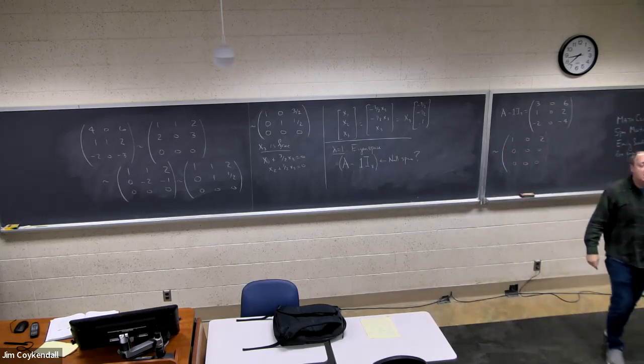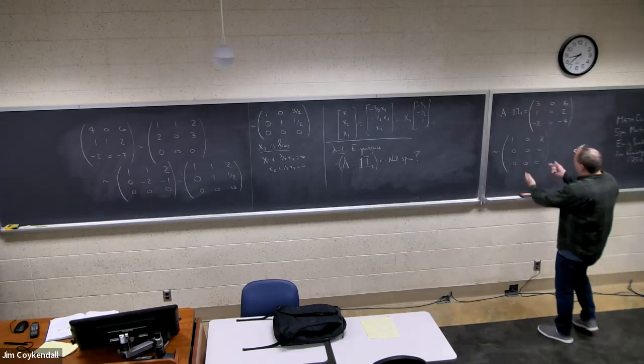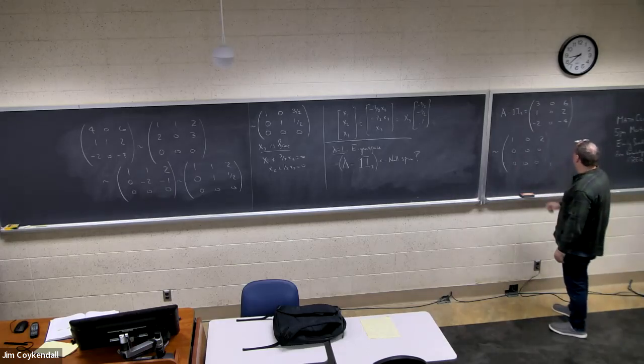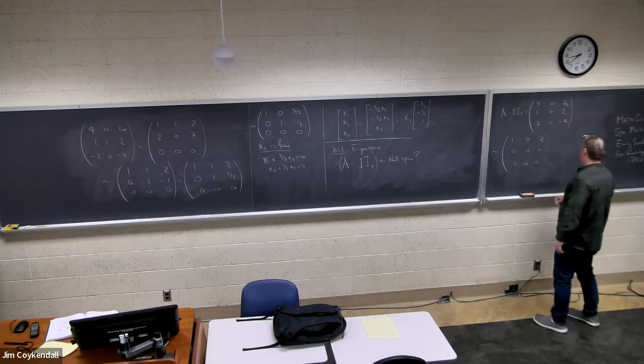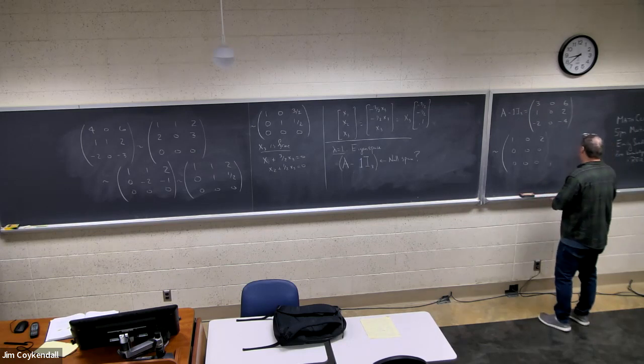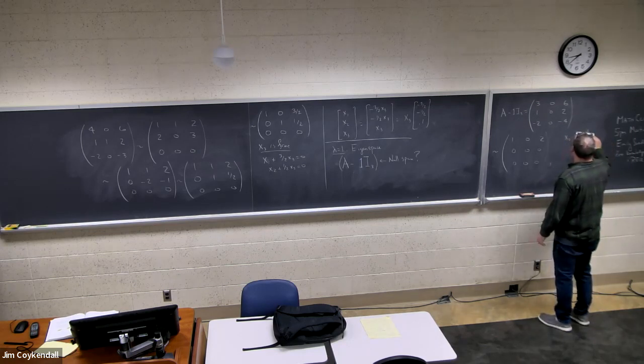Okay, now how many free variables do you have? Now we've got 2, so I expect my eigenspace, the equivalent of the null space of this, to have 2 dimensions. So I have 2 linearly independent eigenvectors. Let's see how this pans out. X2 and X3 are free.